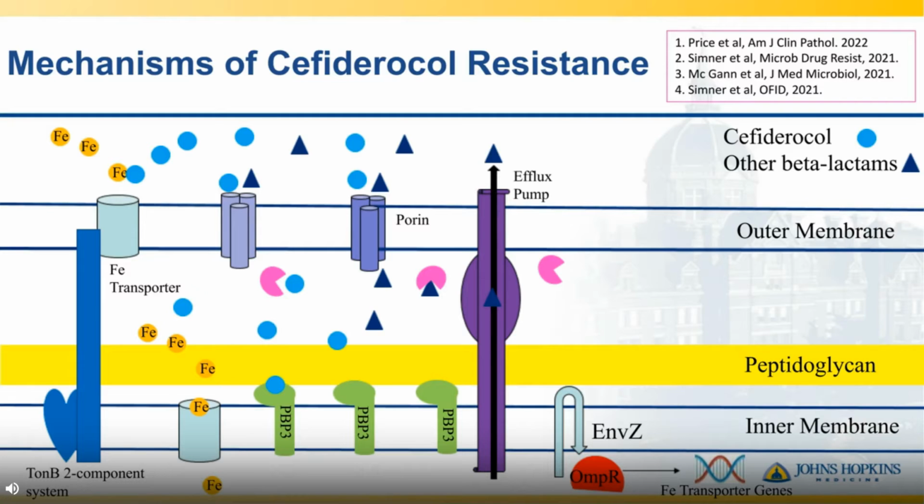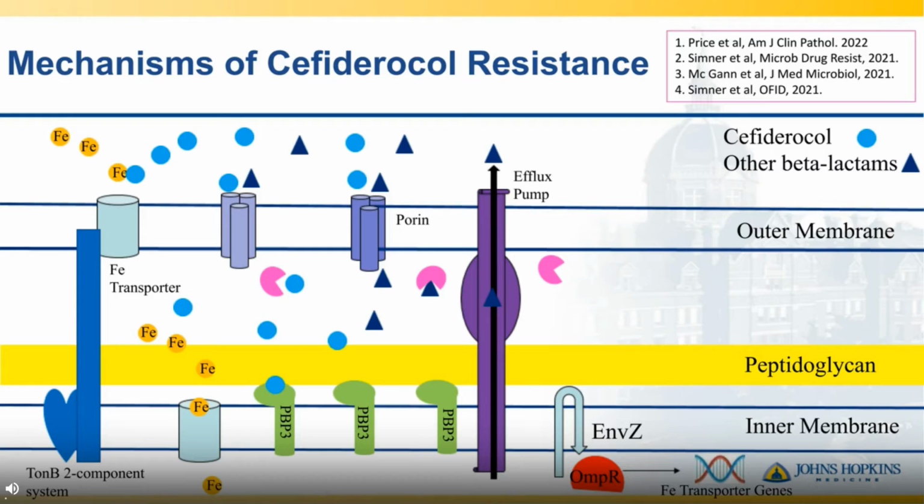When it chelates to the iron on the left-hand side of the slide, it will then allow for entry through the iron transporter of cefiderocol into the periplasmic space, where it will disassociate from the iron molecule and then be able to bind the green PBP3 depicted here and disrupt cell wall synthesis.